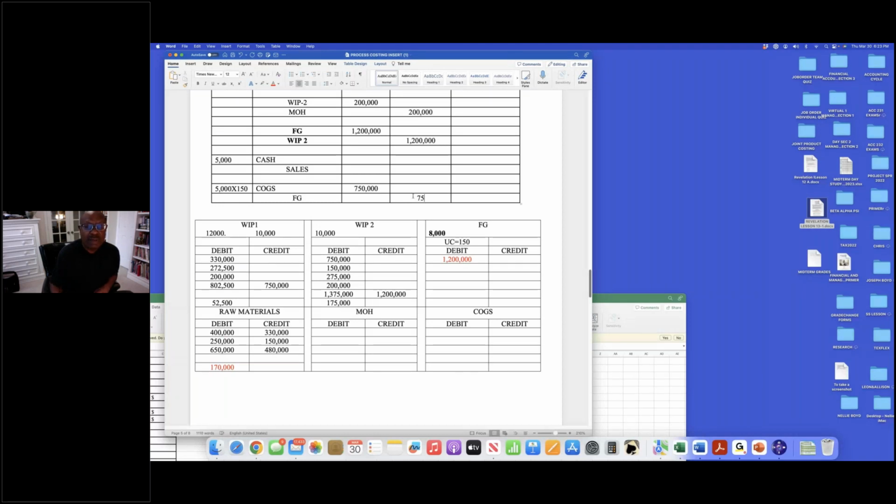Let's put in the credit to finished goods for 750, then the debit to cost of goods sold 750. How much is left in finished goods? That's 450,000.